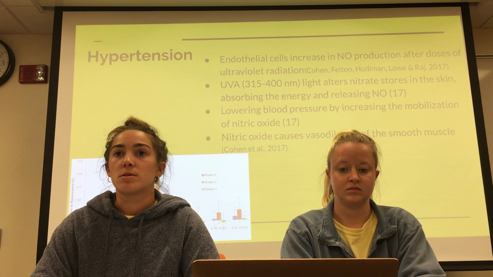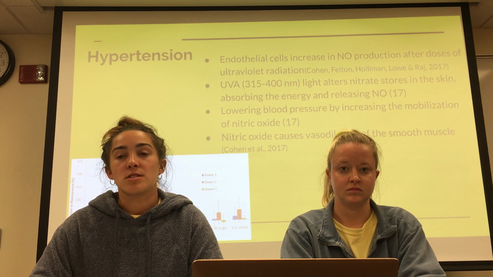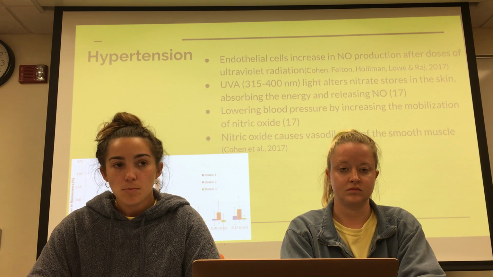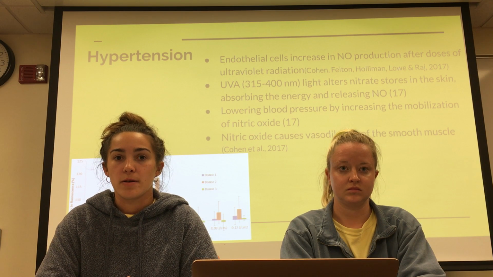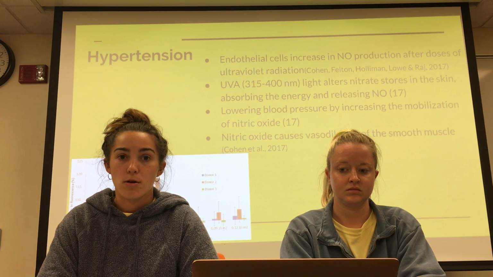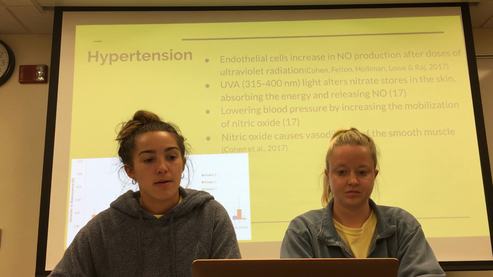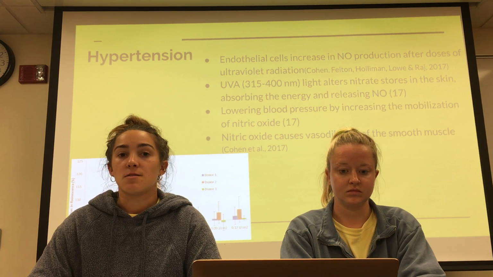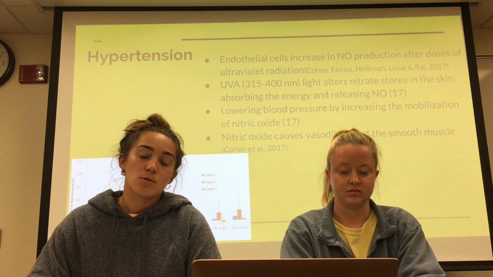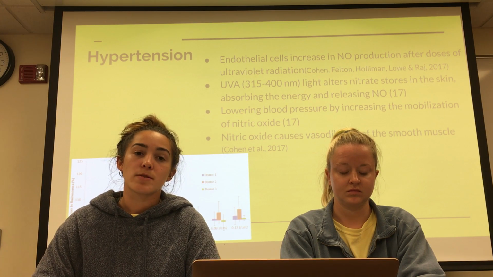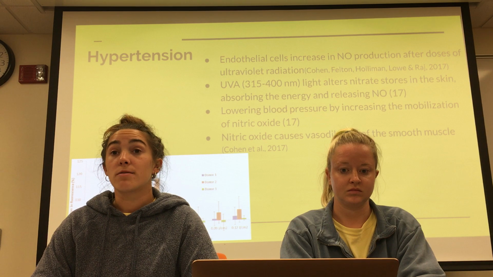They exposed people to different radiations of sunlight and then saw what the outcomes were, and found that the more radiation, the more nitric oxide that was produced. As I said before, UVA light was the one that had the highest effects, and they think it's because of the nitrite stores. The nitrite stores react to certain wavelengths and absorbance.